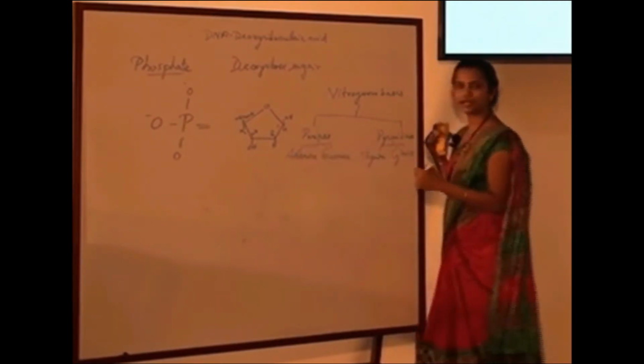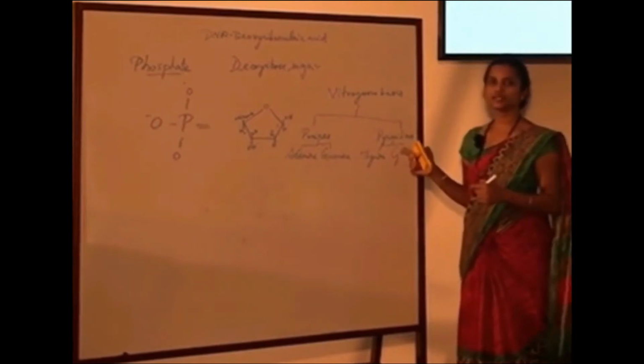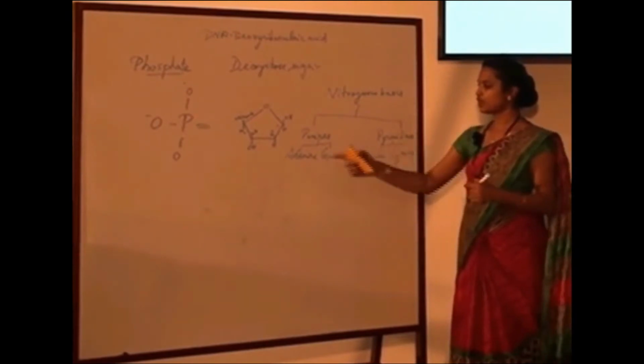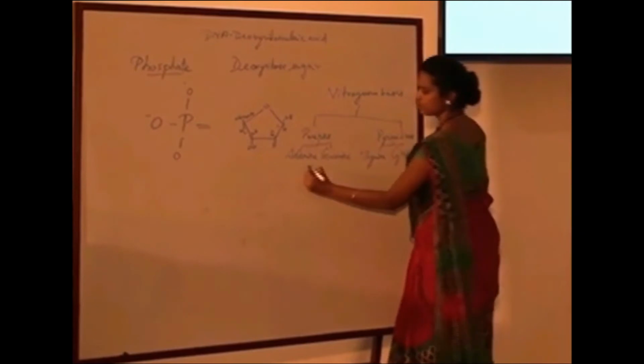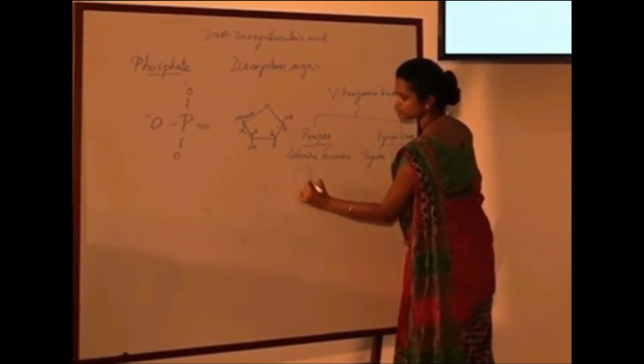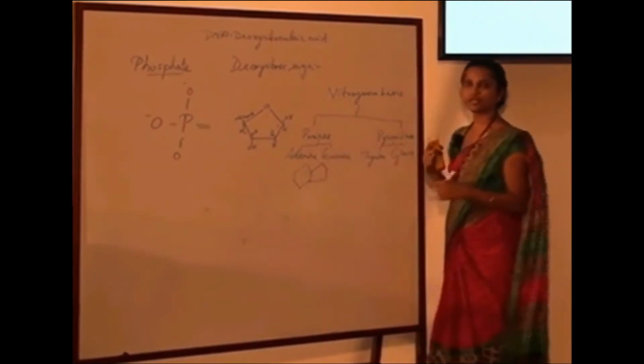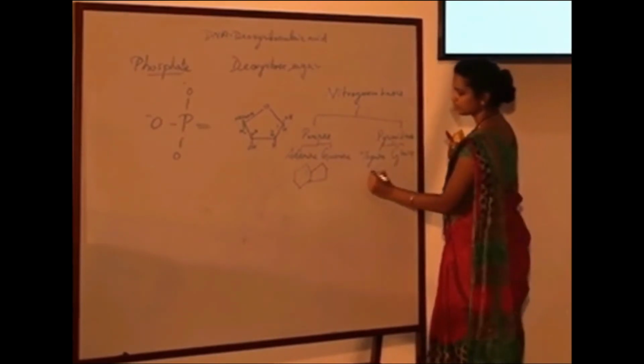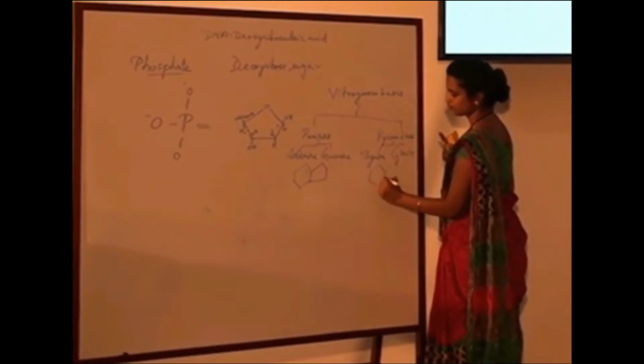Adenine and guanine have a double ring in their structure, whereas thymine and cytosine have a single ring in their structure.